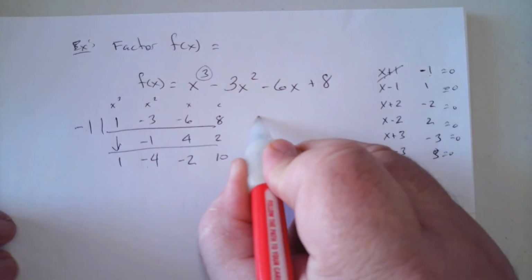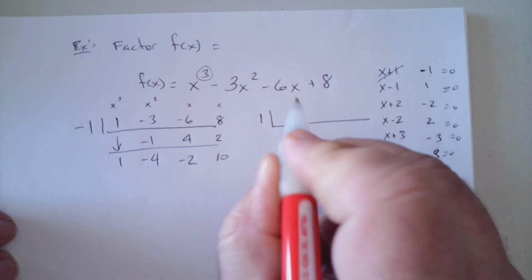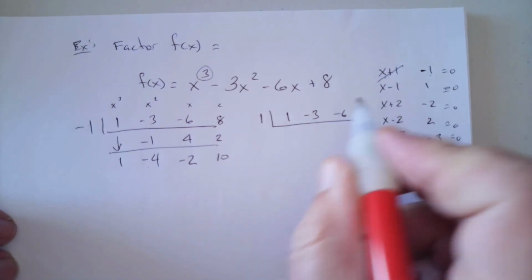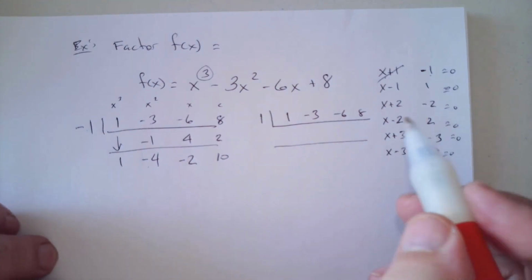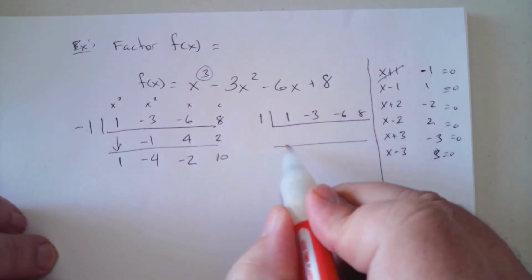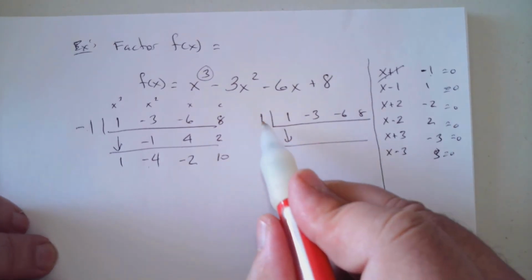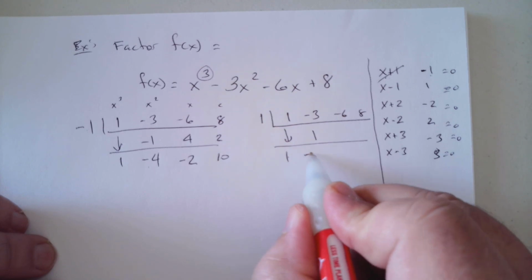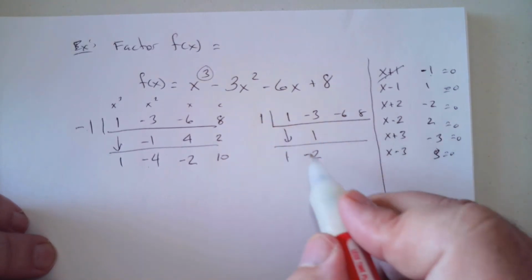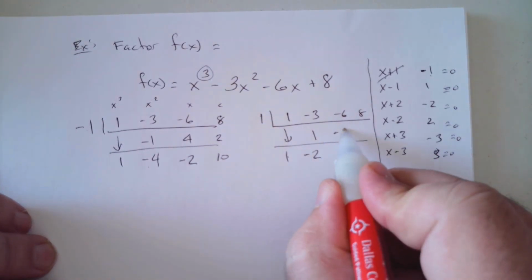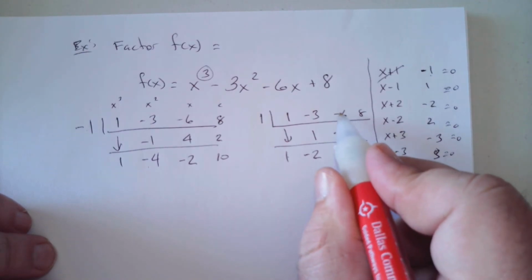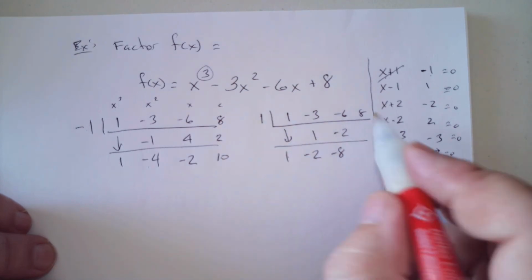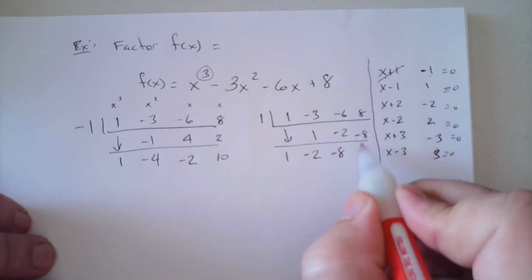Let's try the next one, 1. Same values. Bring down the first one. 1 times 1 is 1. Negative 3 plus 1 is negative 2. 1 times negative 2 is negative 2. Negative 6 minus 2 is negative 8. 1 times negative 8 is negative 8.